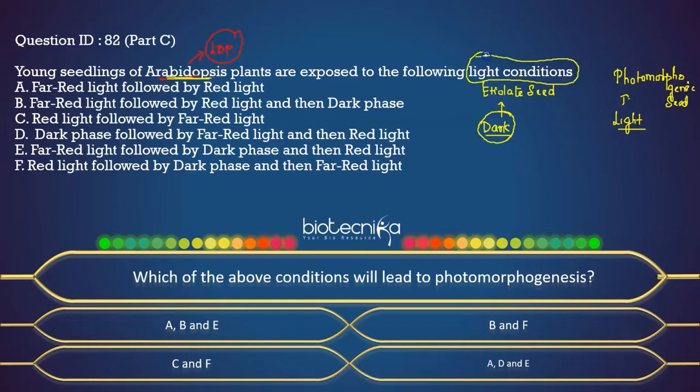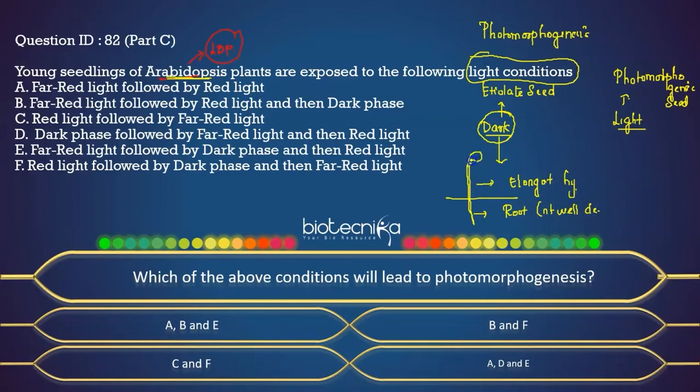You should understand that they are talking about photomorphogenesis. Now, if it is kept in dark conditions, what can happen? Let's consider this is the root. The root is not well developed, and they have a very long, elongated hypocotyl.